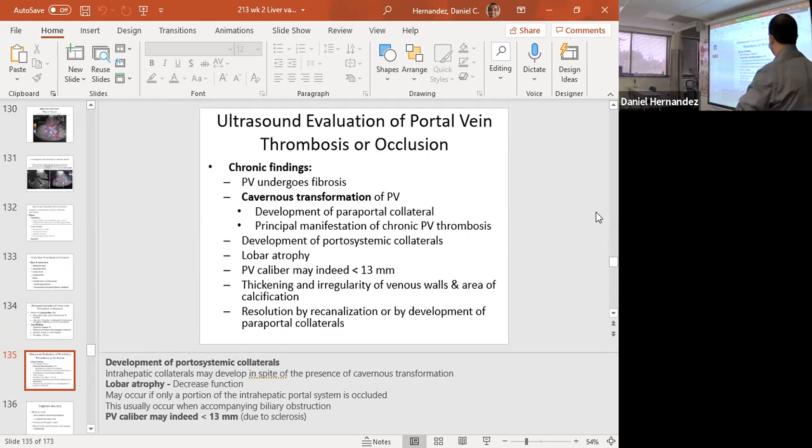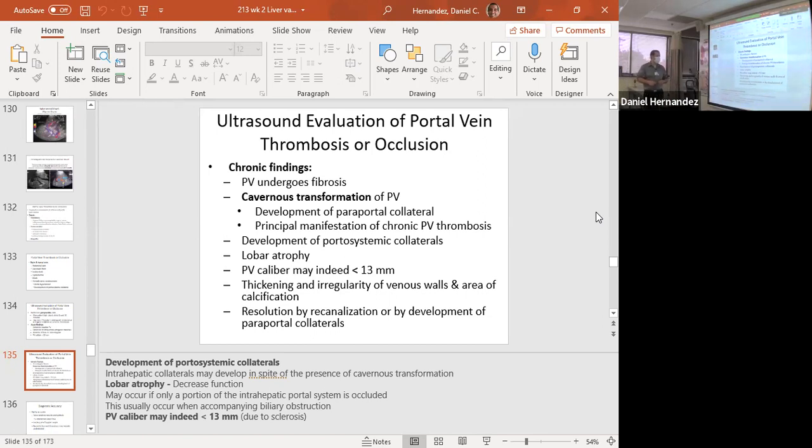You're not going to visualize any flow within it. And this leads into cavernous transformation of the portal vein. This is the development of paraportal collaterals, and it's the principal manifestation of chronic portal vein thrombosis. This is the development of portosplenic collaterals.